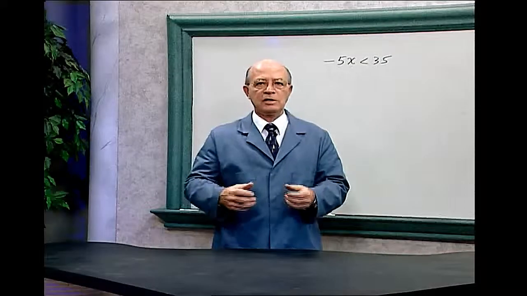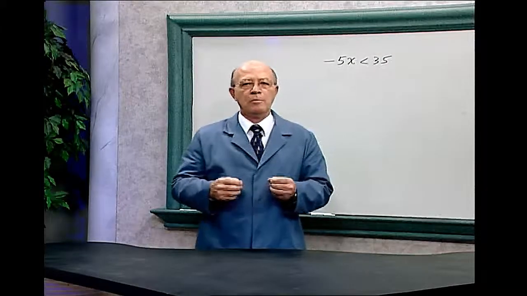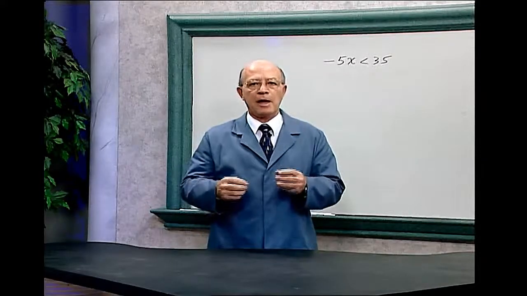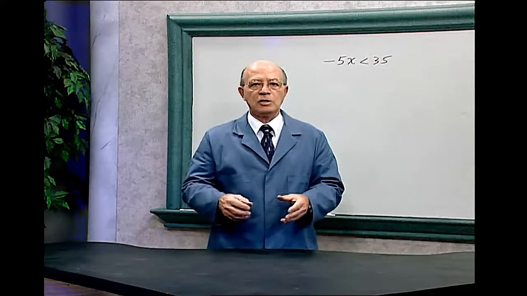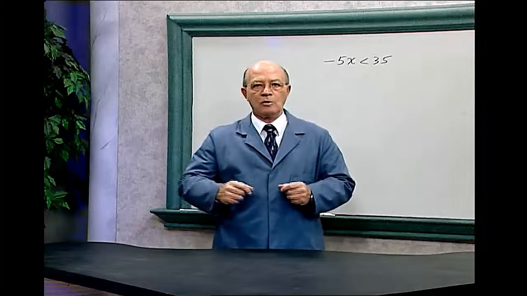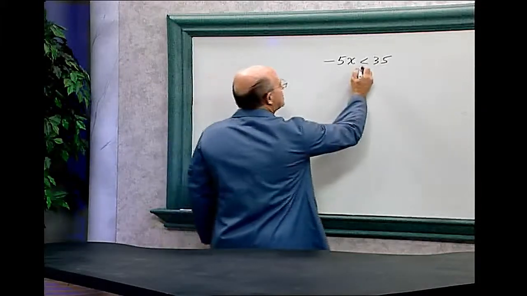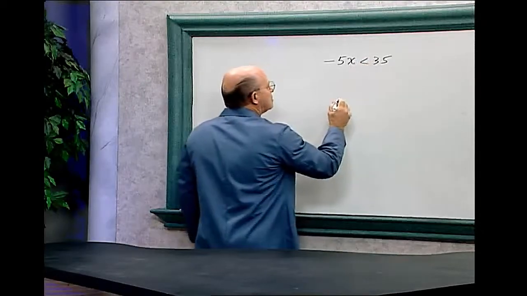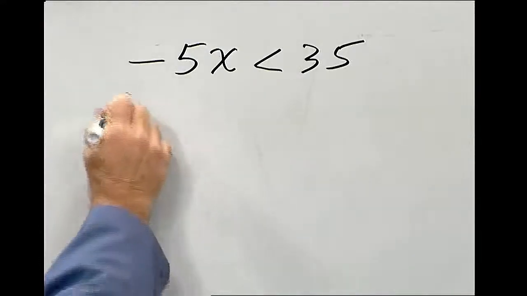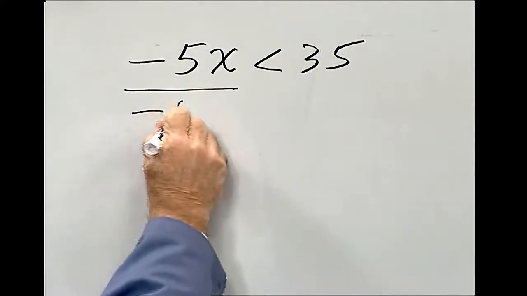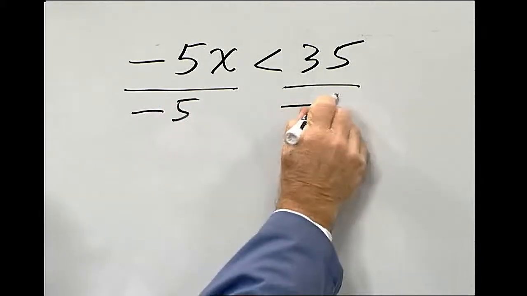I like to stress an important rule. When multiplying or dividing by a negative, it changes the direction of the inequality. For instance, this is less than. To solve this inequality, we divide each side by -5.